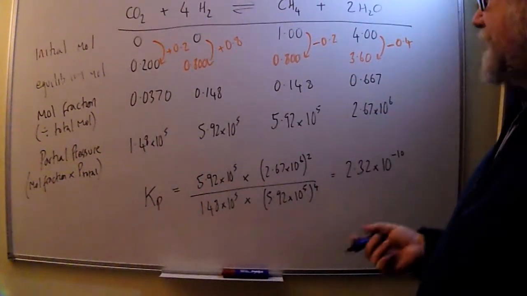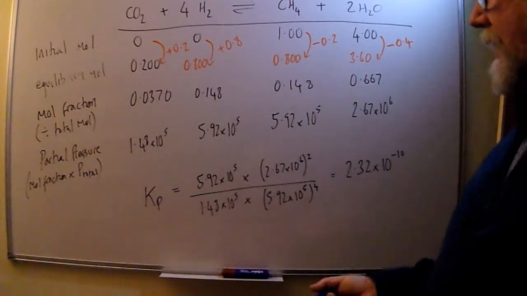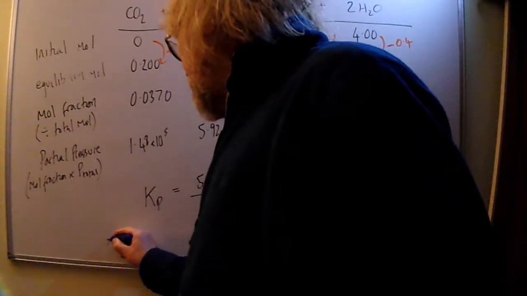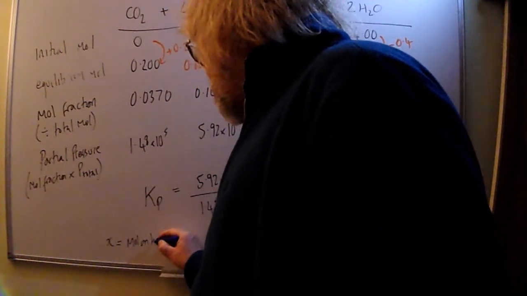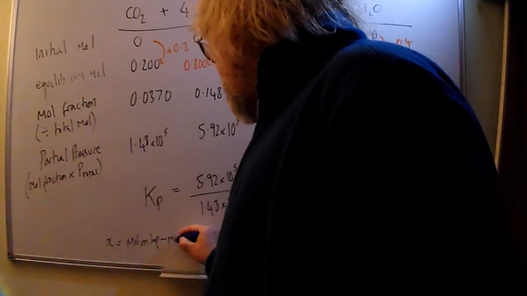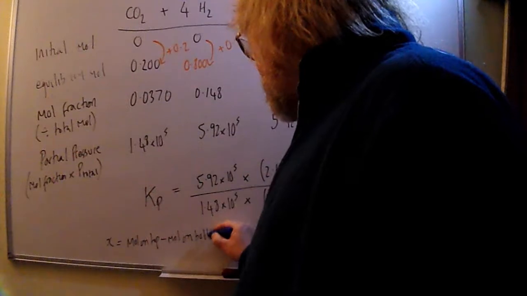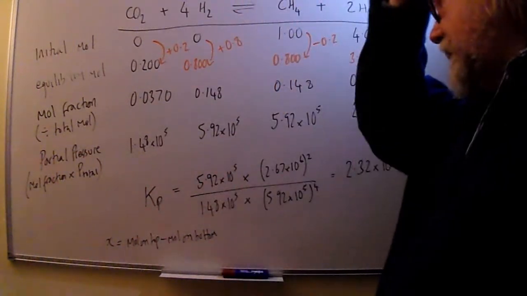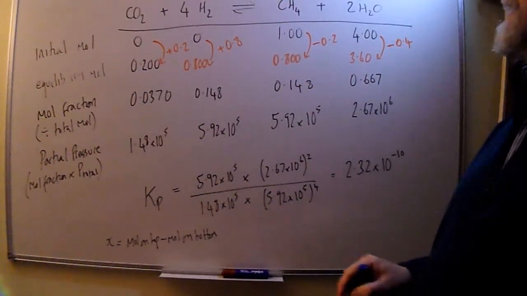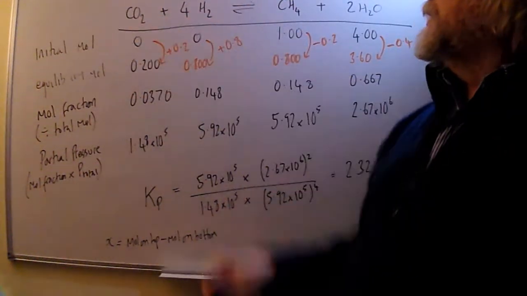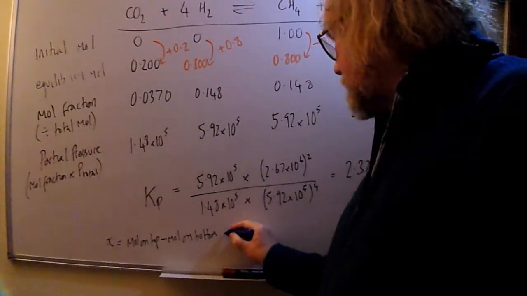So the recipe that we have says that what you should do to calculate the units of an equilibrium constant is calculate a number x, which is just moles on the top minus moles on the bottom in your Kp expression. So in our case, you've got 2 plus 1 on the top, and 4 plus 1 on the bottom, so you've got 3 minus 5. So x is equal to minus 2.